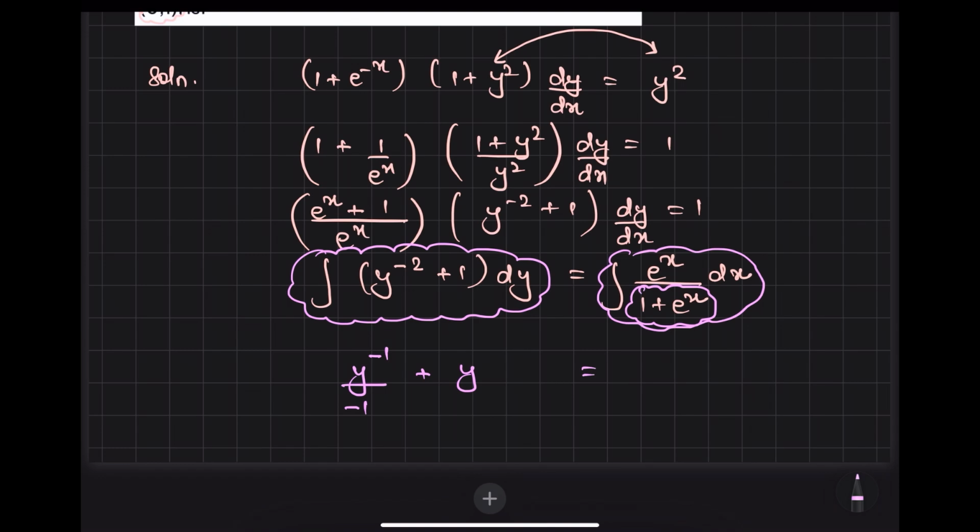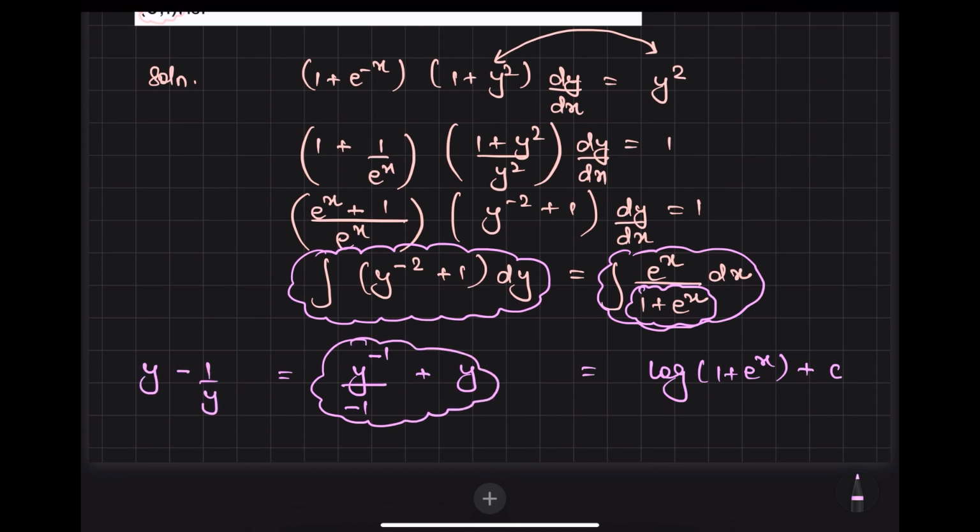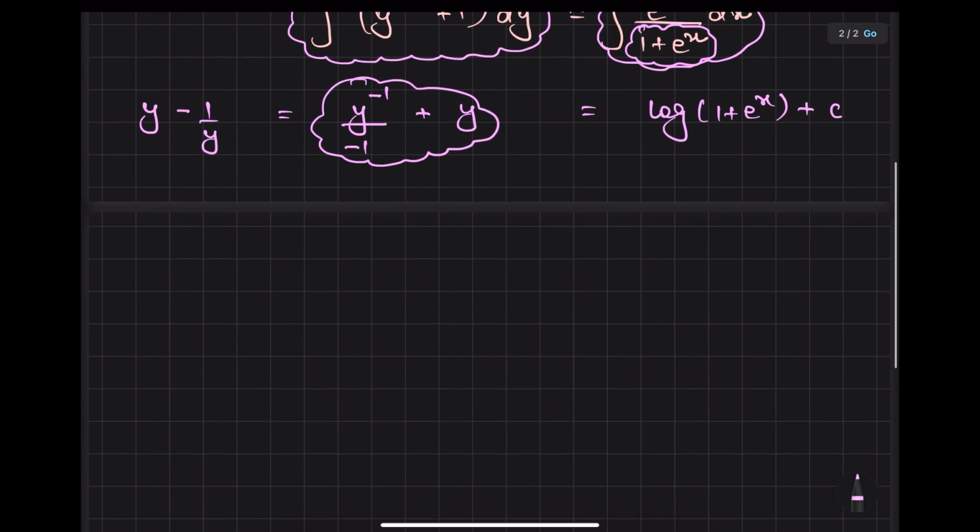Okay, so its integration will become log 1 plus e power x plus integration constant c. You can update this as y minus 1 by y. So you have already found your solution, which looks like y minus 1 by y equals log 1 plus e power x plus c.